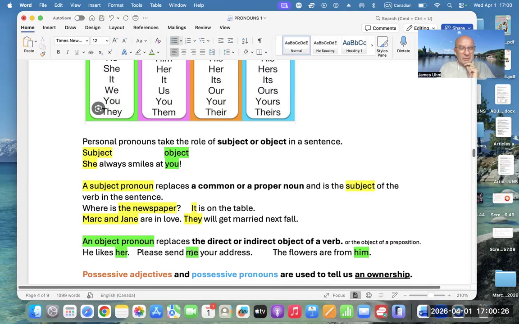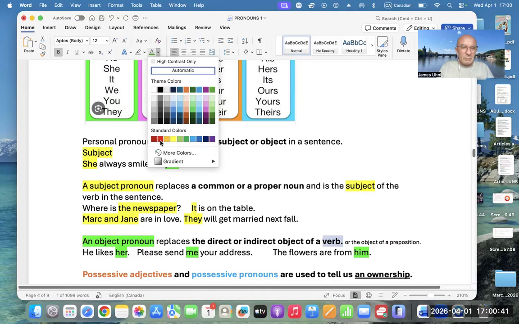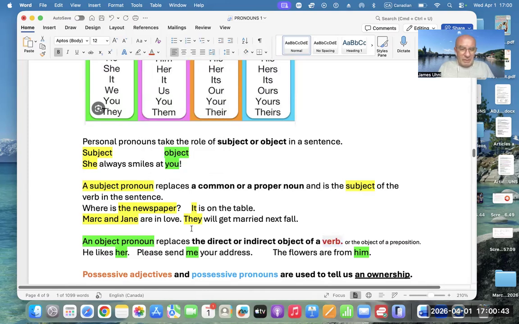Please send me. Send is a verb, right? So if I write verbs in red, then send is a verb. Just like over here, likes.